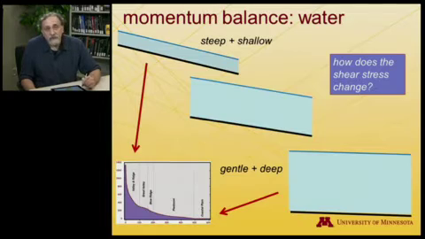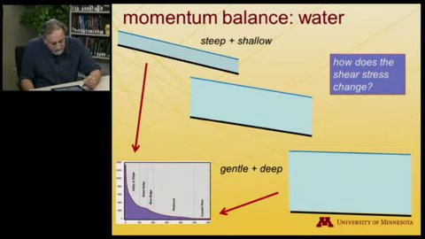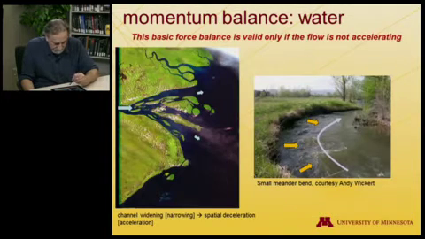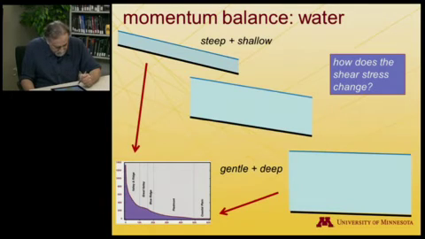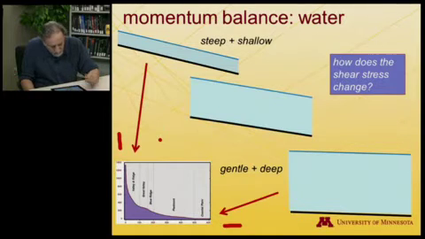What I would like you to do and think about is the connection between the shear stress and the slope profile that I showed you before. So looking at this same slope profile from steeper slopes to gentler slopes. Let's grab our marker. So the steeper slopes over here, the gentler slopes over here.